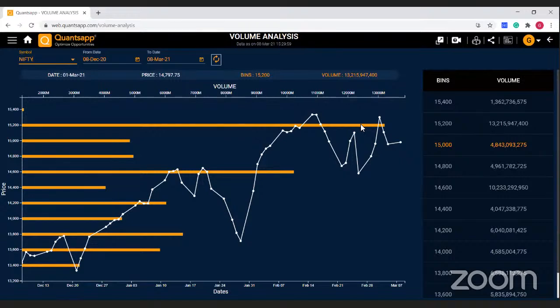I'm just giving an overview, then we'll go deeper. This is the place which could act as the crucial level, either in terms of resistance or support.